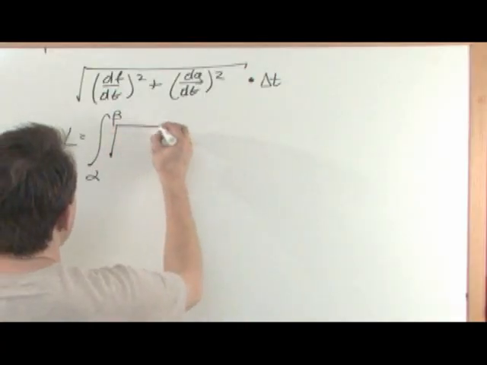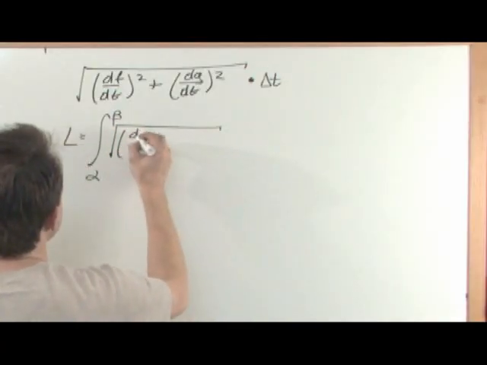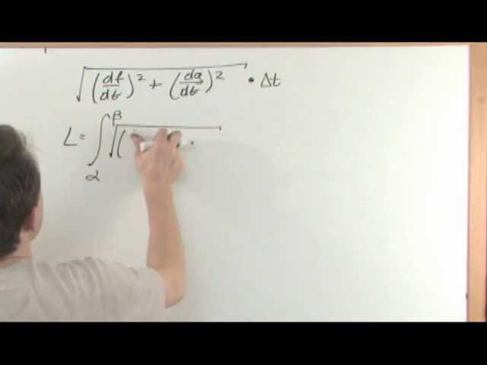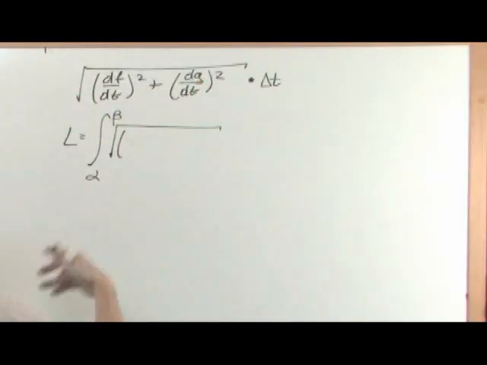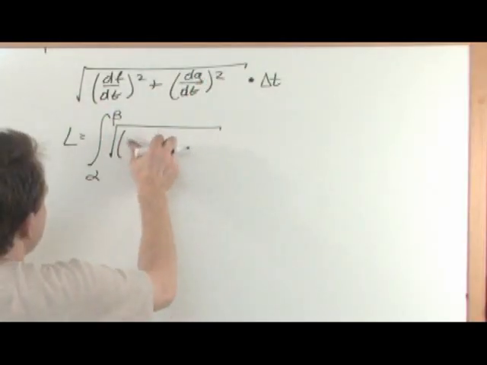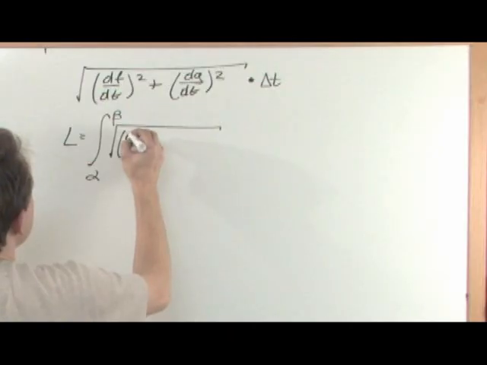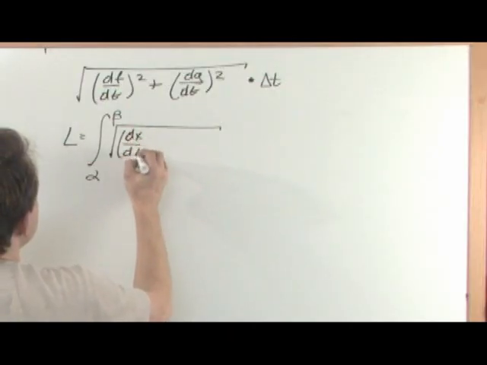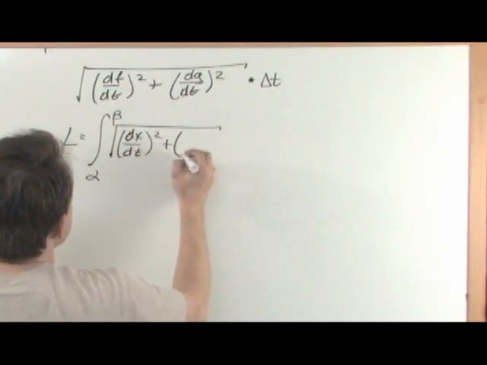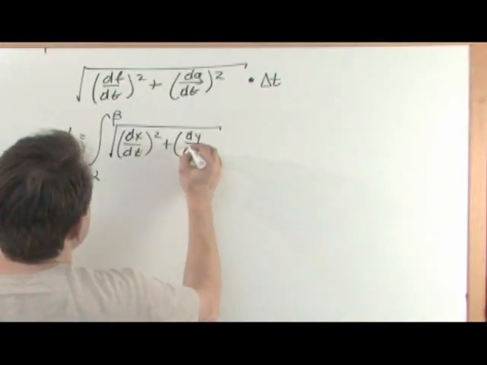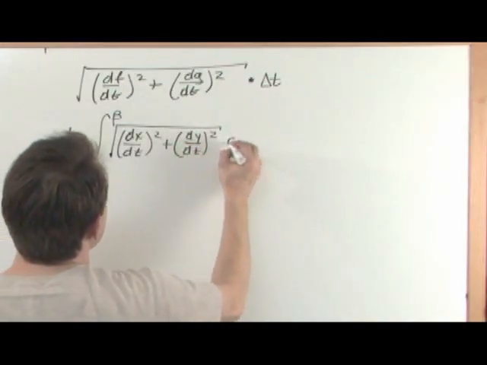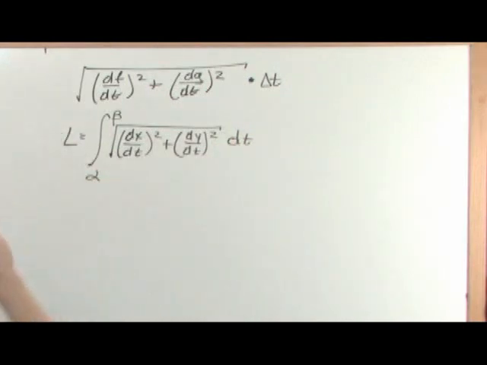The square root of df dt and dg dt, but since f is equal to x, now we can just go back and say it's going to be dx dt squared plus dy dt squared, dt.